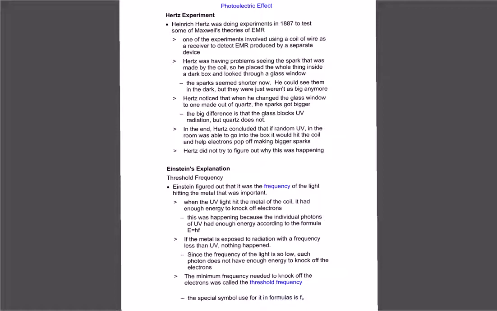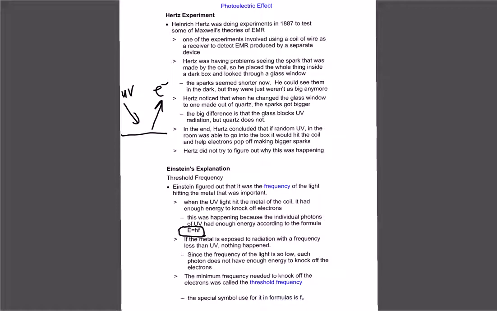Einstein then came along and said that, well, what's happening is we have some sort of ultraviolet light coming in, hitting a metal surface, and because of that frequency, whatever the magic frequency is of that light source, that's going to cause the electrons to leave the surface. So Einstein said basically what we're dealing with is still Planck's formula, E equals hf, and the energy that UV light has, each photon has, gets transferred to the electron.